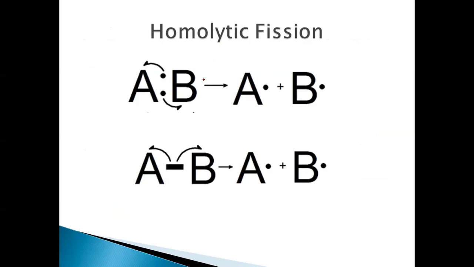What is homolytic fission? Let us assume there is a molecule AB, and the two atoms A and B are sharing a pair of electrons by means of a covalent bond. If during the cleavage or fission each of the atoms gets a single electron, as we can see here, then this type of fission is called homolytic fission.